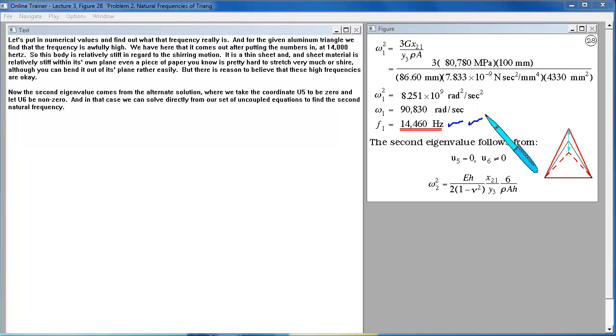Now the second eigenvalue comes from the alternate solution where we take the coordinate U5 to be 0 and let U6 be non-zero. In that case, we can solve directly from our set of uncoupled equations to find the second natural frequency.